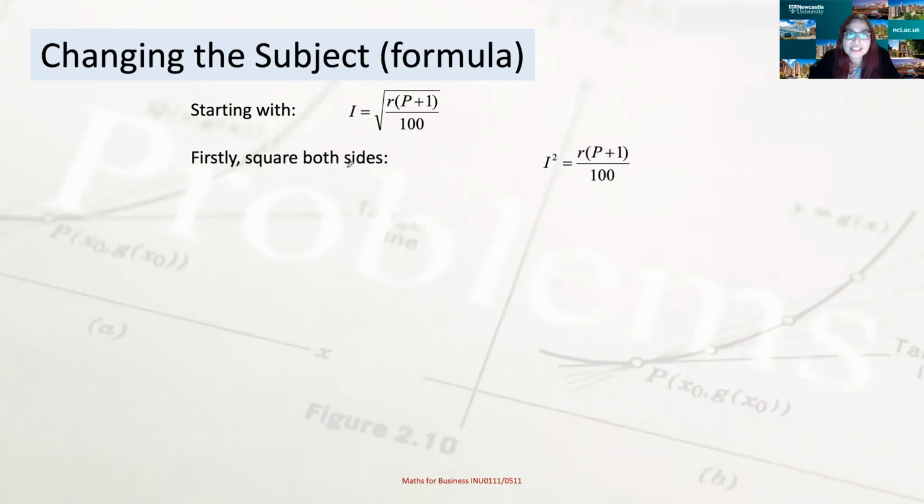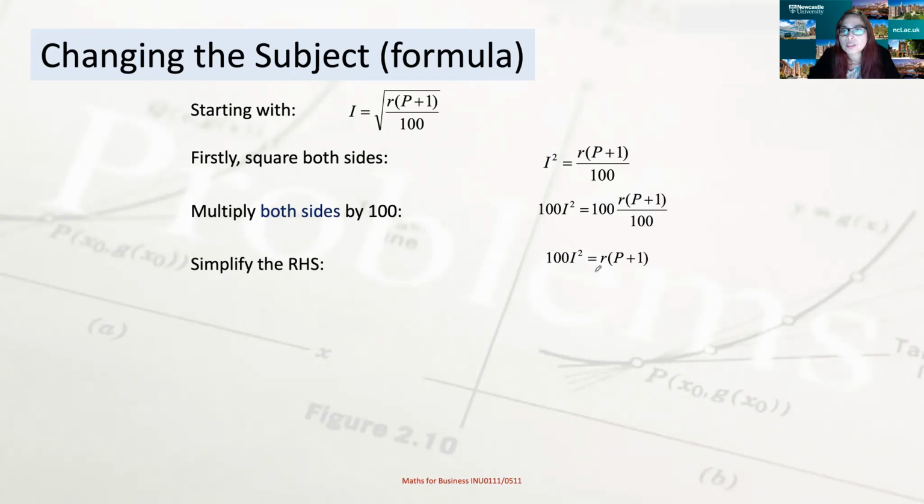Starting with this, firstly square both sides, because I can see a square root here. I want to have this P out of the square root bracket. So I square both sides, and then I multiply both sides by 100 because I want to remove the denominator. First the square root is gone, now the denominator is gone, and now I don't want this bracket because I want P to be free of brackets so that I can isolate P. Then I divide by r.